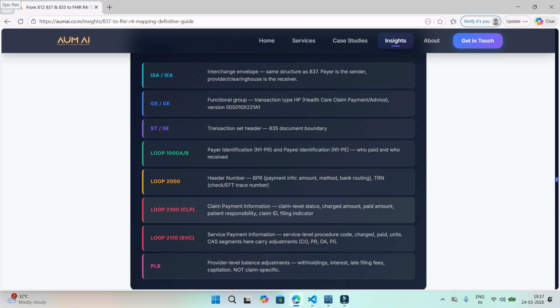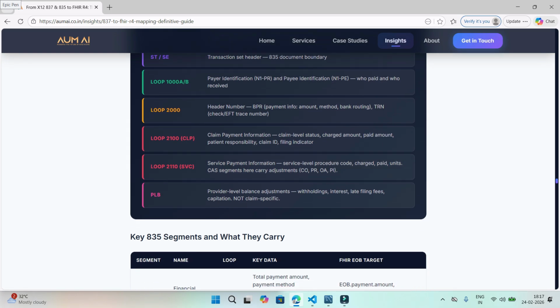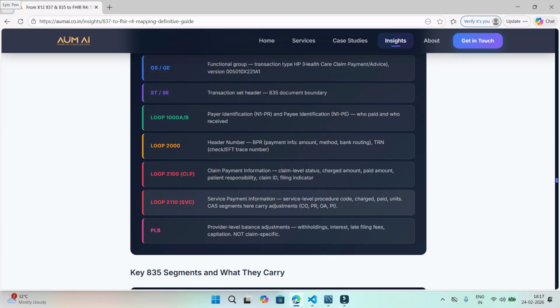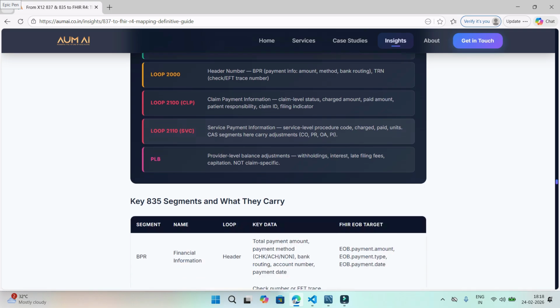The SVC segment is the most important one, because here is where all the information per procedure lives: what is the payment made, what is the contractual obligation, what is the patient's responsibility, what is the copay, co-insurance, deductible, and all the group codes and the important adjustment codes are output at this level, on SVC.